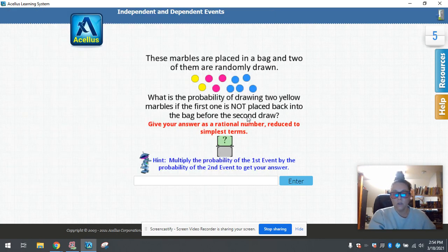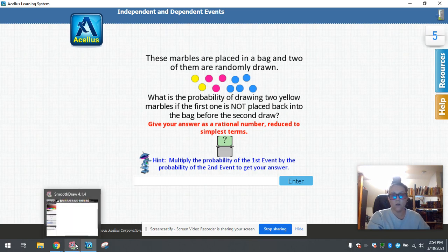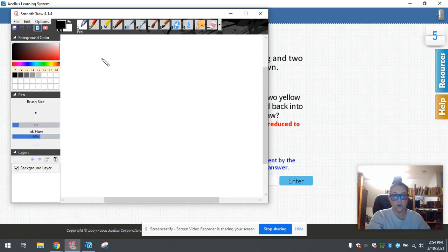So let's pretend if they were placed back in the bag, what we would have is 2 marbles out of 1, 2, 3, 4, 5, 6, 7, 8, 9, 10. 2 out of 10 chances times 2 out of 10 chances. But with this one, our first chance to draw a yellow marble is 2 out of 10.